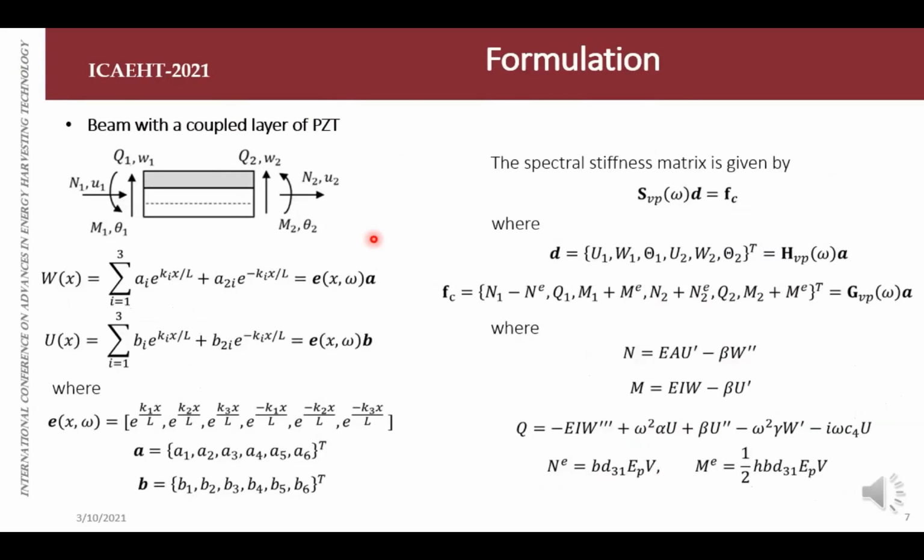To solve the motion equations, we use the general solution that carries the amplitude and wave propagation. The k is the wave number. Solving the equations, we can arrive at the expressions of the spectral stiffness matrix, where the vectors are displacement and force.